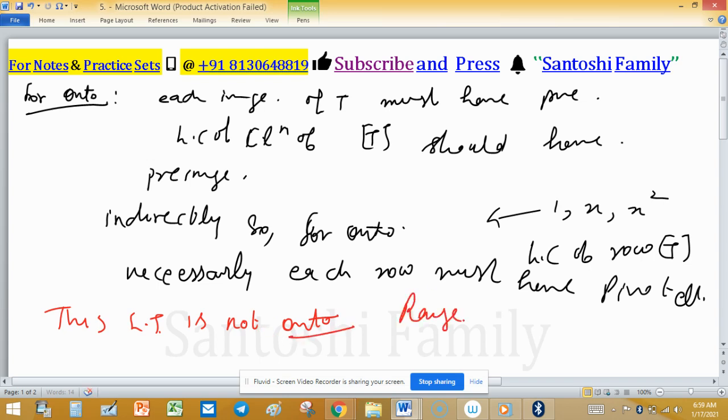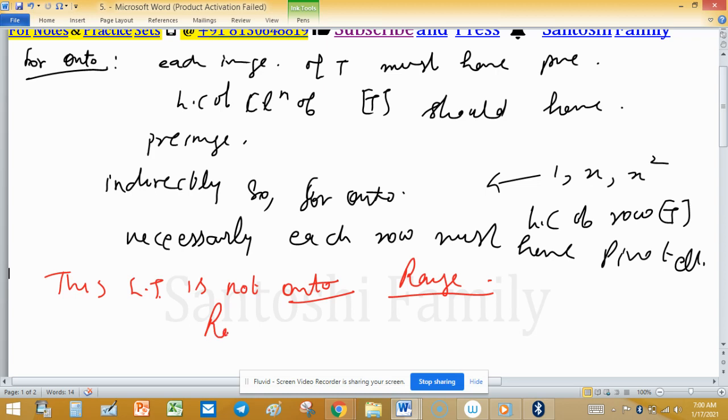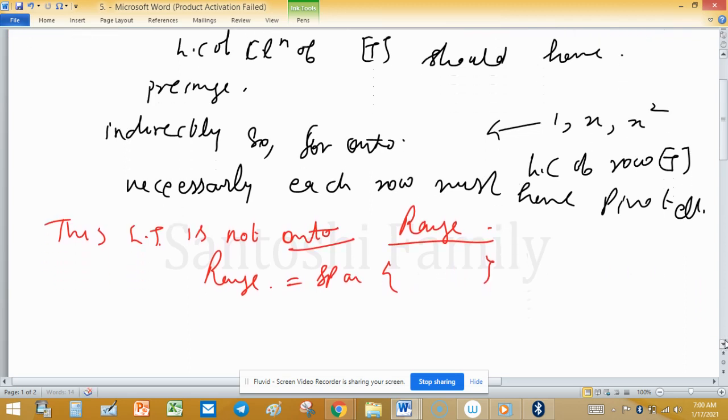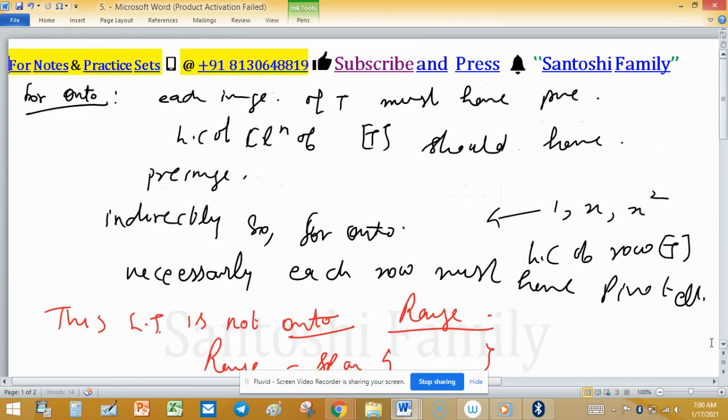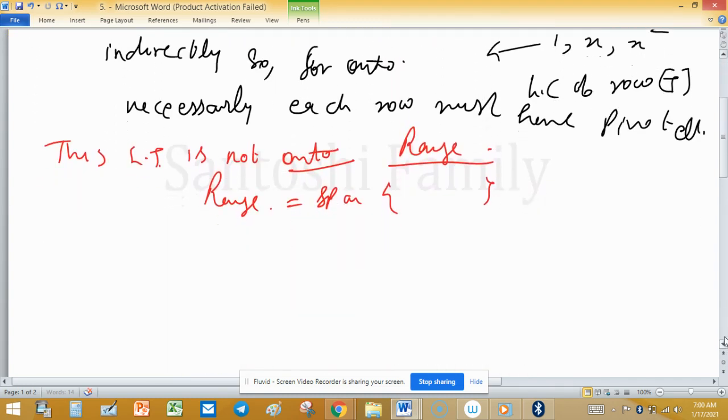Now come to option C, which is about range. How to find range? We already found it, because the matrix transformation describes the range. He is asking whether the range is the spanning set of some elements, so we will discuss span for range.